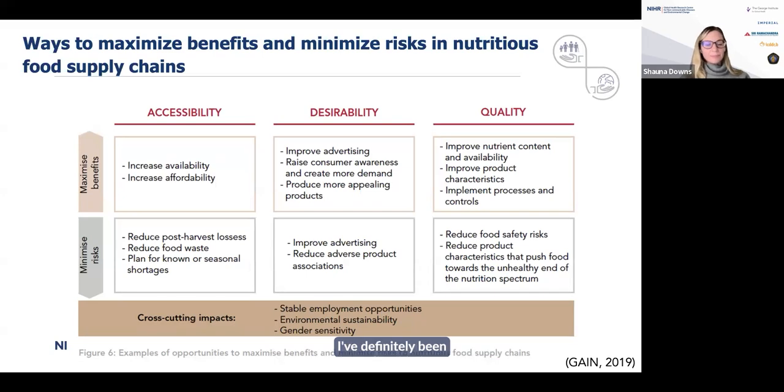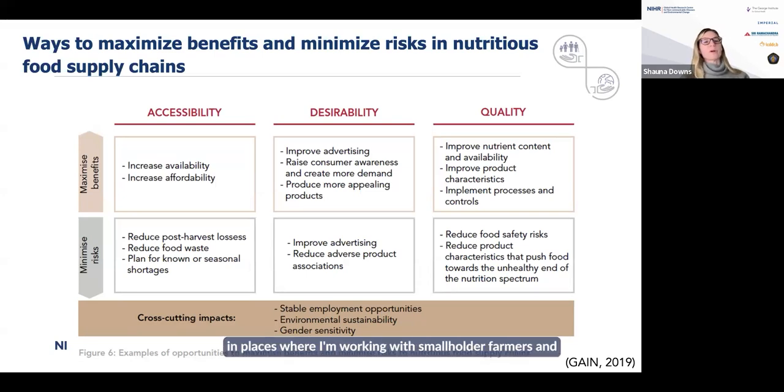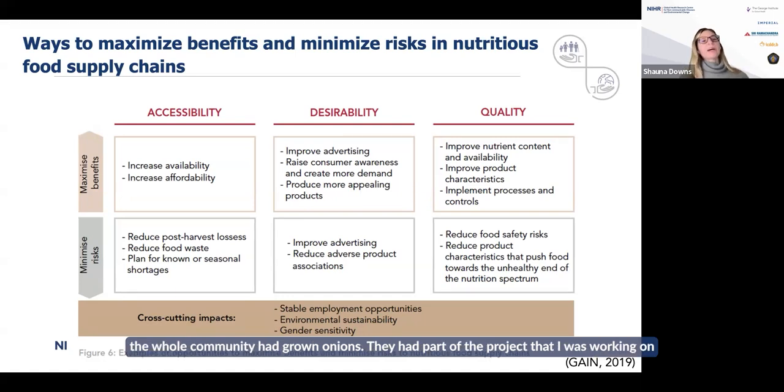I've definitely been in places where I'm working with smallholder farmers and there's just not great storage at all. So they're really not able to have any protection from the elements for their crops after they've harvested it. I'll never forget once I was in Senegal and I was working with some subsistence farmers there, and the whole community had grown onions.